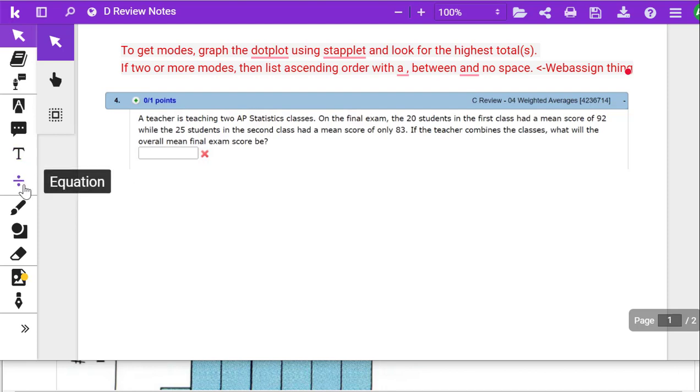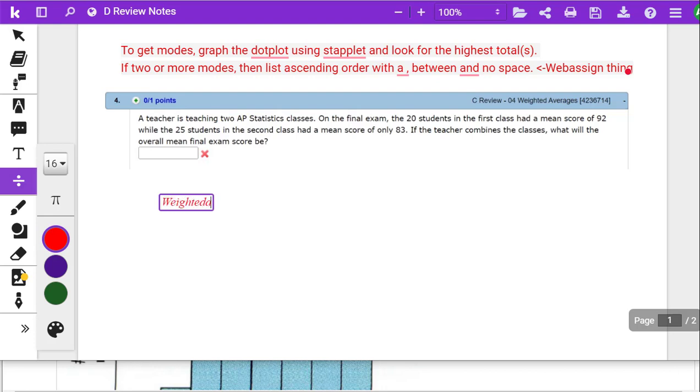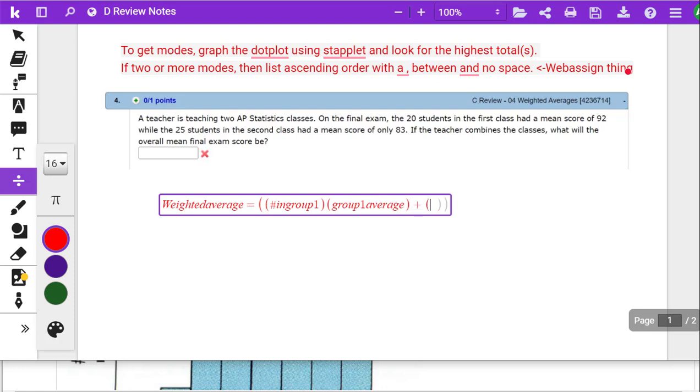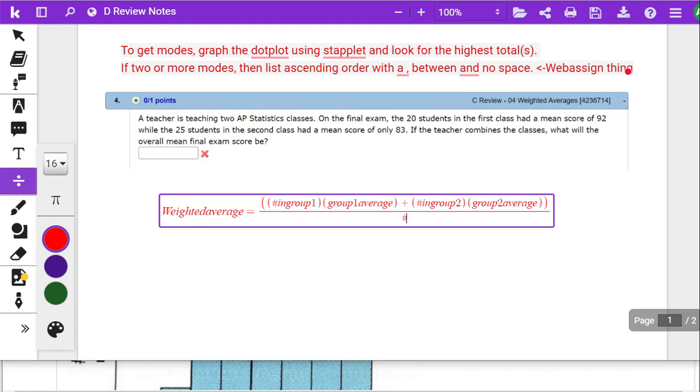The easiest thing to do: weighted average of two groups, and that's probably what it's going to be, equals (number in group 1 times group 1 average plus number in group 2 times group 2 average) divided by number in group 1 plus number in group 2.